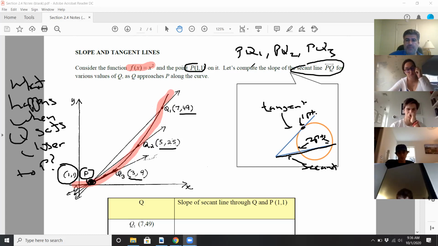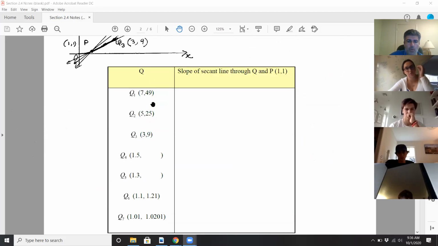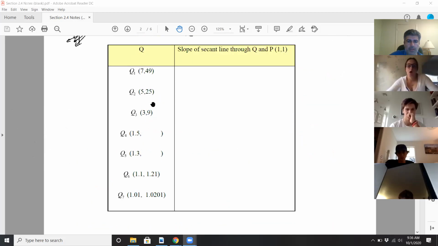Okay, let me clear. What we're going to do is compute the slope between point P and all these different points here. And these are secant lines, right? Remember, here's the curve, y equals x squared.